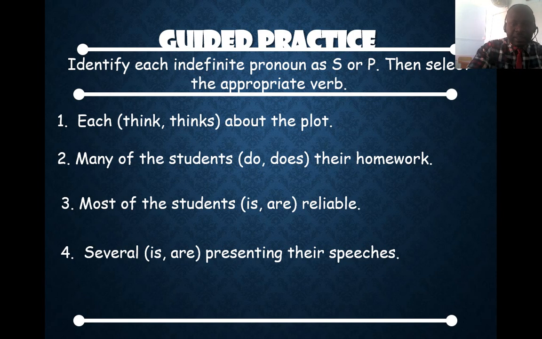Okay, now before we take this, let's have additional information about indefinite pronouns. It's not on the slide, but I'm sure you can make a few jottings as we discuss it. We've talked about the indefinite pronouns.